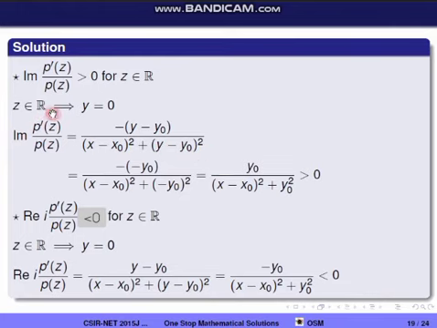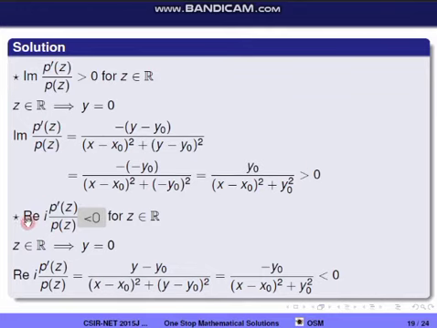For Z belongs to R, we substitute Y equal to 0 in this equation. So this is equal to minus of minus Y naught by X minus X naught whole square plus Y naught minus Y naught whole square. Here the signs get cancelled. So this is equal to Y naught by X minus X naught whole square plus Y naught whole square. We have already taken Y naught to be positive and in the denominator all the terms are positive. So totally this term is positive, that is greater than 0. So this option is correct.